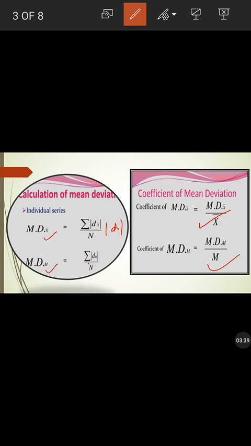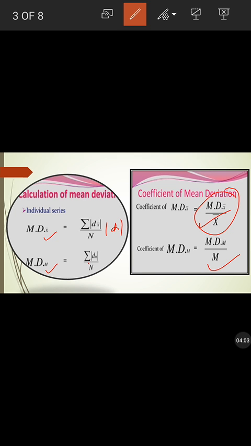So what is the difference? We can calculate mean deviation either from mean or from median. You should be very careful when you're calculating the coefficient of mean deviation, in which you're calculating either from mean or median. If you're calculating mean deviation from mean, then the coefficient of mean deviation is equal to mean deviation divided by x bar.